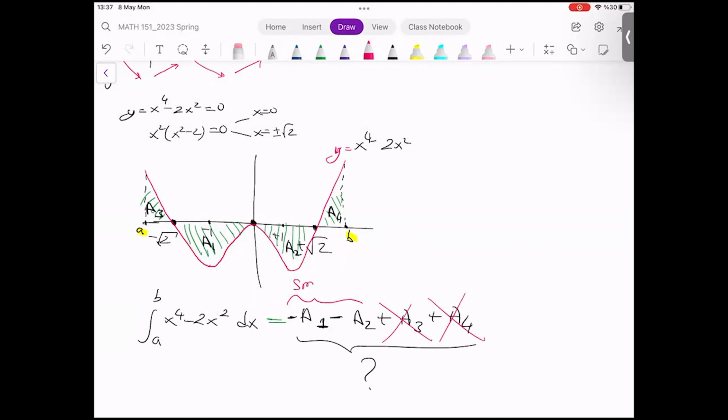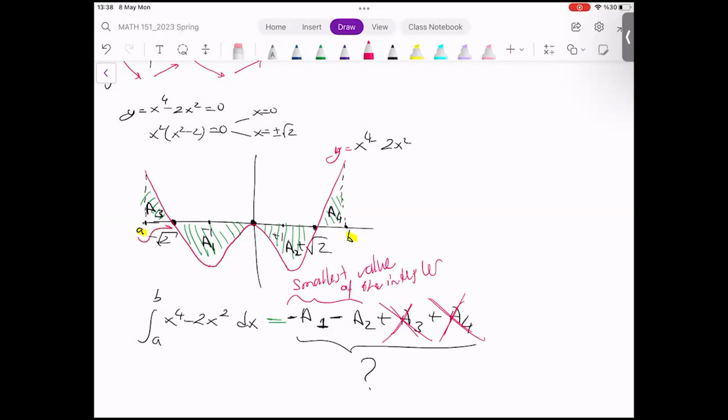This is the smallest value of the integral. By adding A3 and A4, we are just making it bigger. That's why we should choose A and B so that we eliminate these positive contributions. So how to choose A and B then?